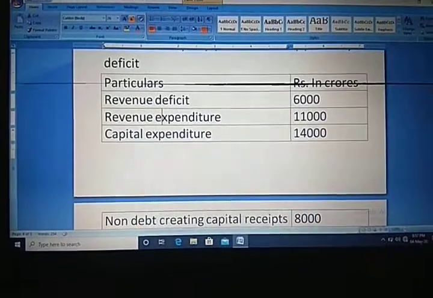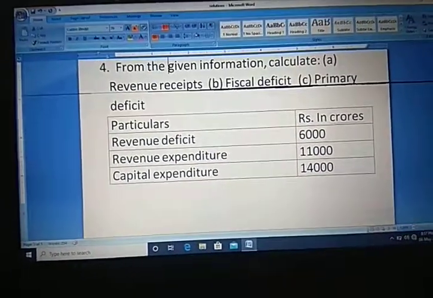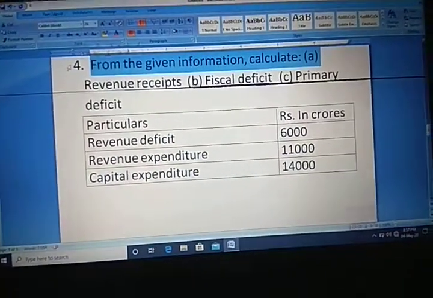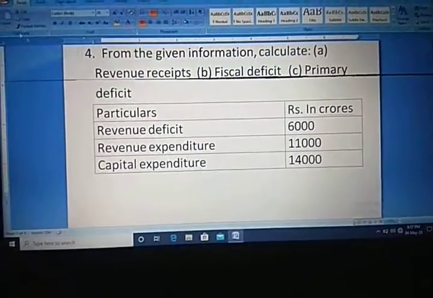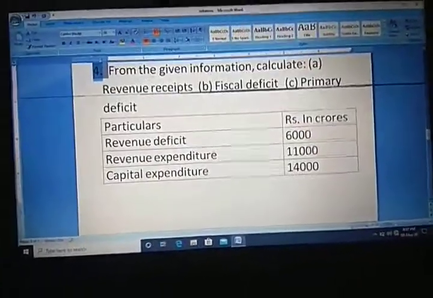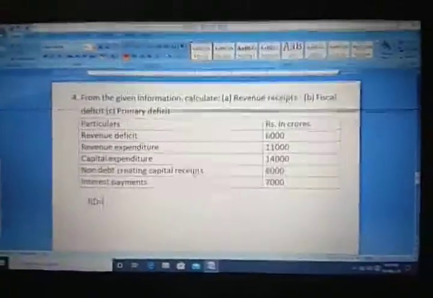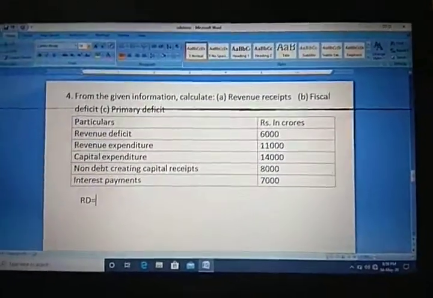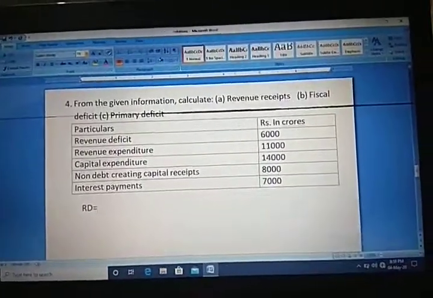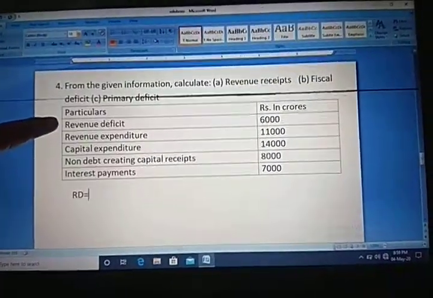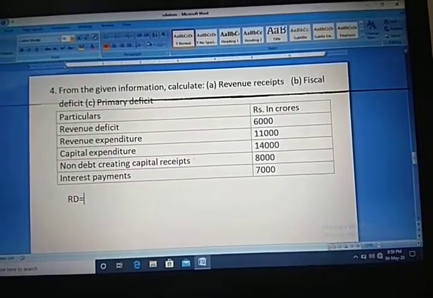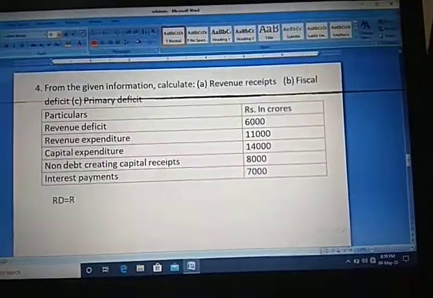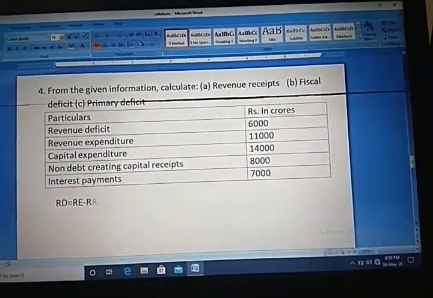Now as we can see on the screen, the next question asks you to calculate revenue receipt, fiscal deficit and primary deficit. The given information is that revenue deficit and revenue expenditure are given in the question. So we use the formula of revenue deficit, which is revenue expenditure minus revenue receipt.